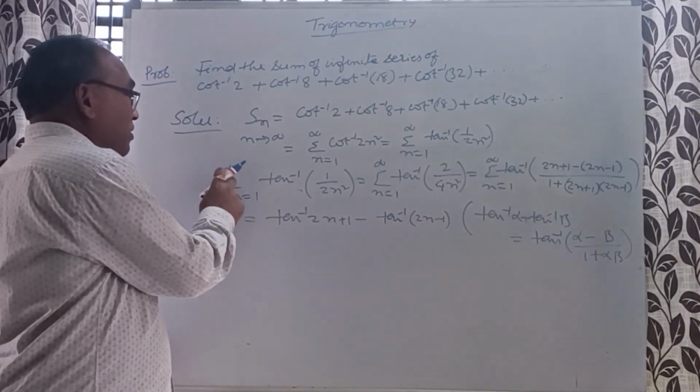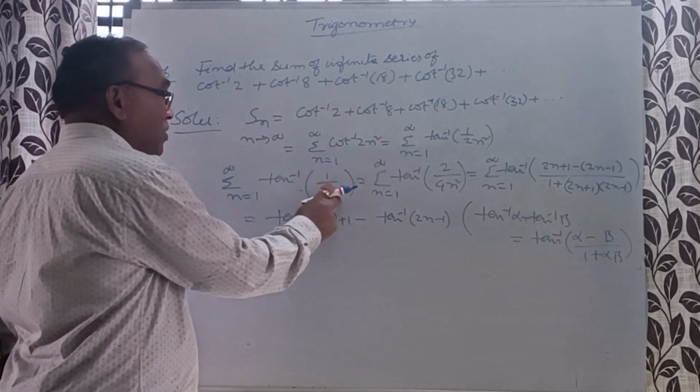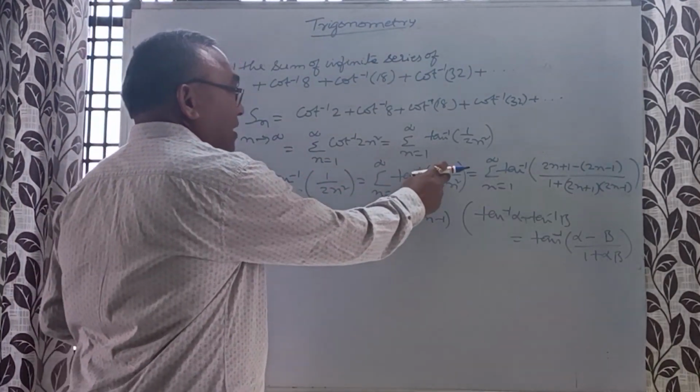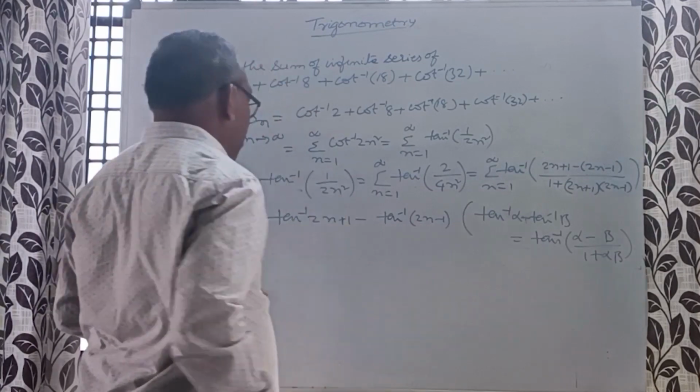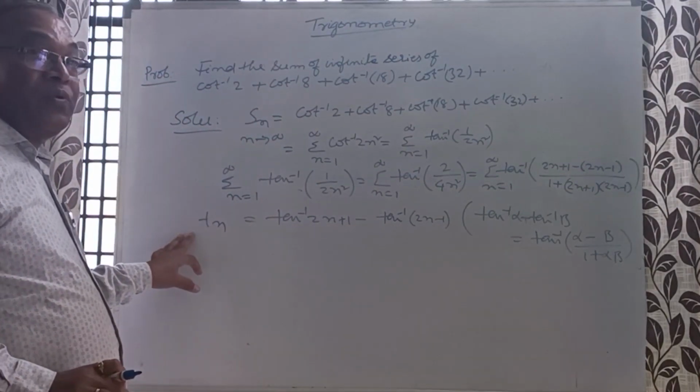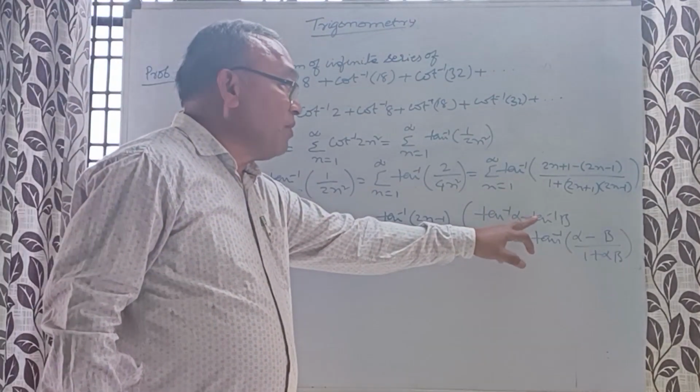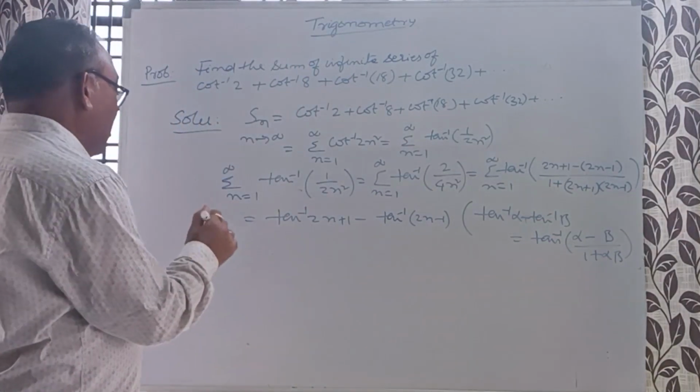Sigma 1 to infinity tan inverse of 1 by 2n square can be written like this. Then T_n, from this formula, we got this one.